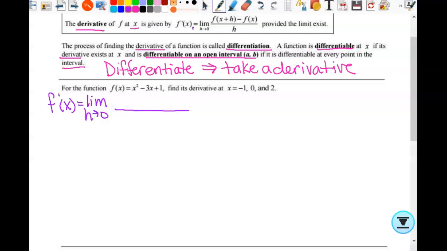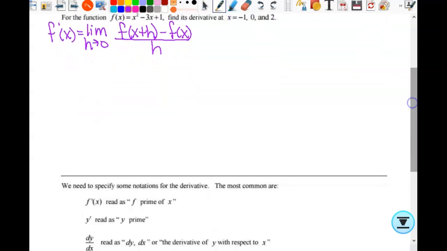Okay, so we're just going to write down exactly what it says: f of x plus h minus f of x over h. Then for this specific question, let's find f of x plus h. So f of x plus h means I take x plus h in my original function, and everywhere I see an x, I substitute an x plus h.